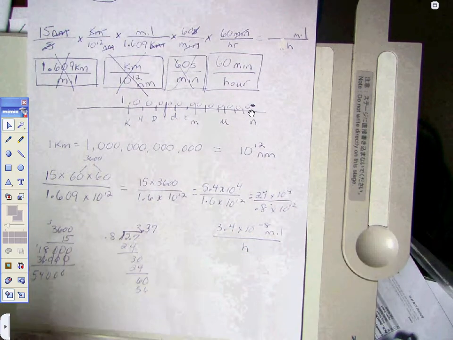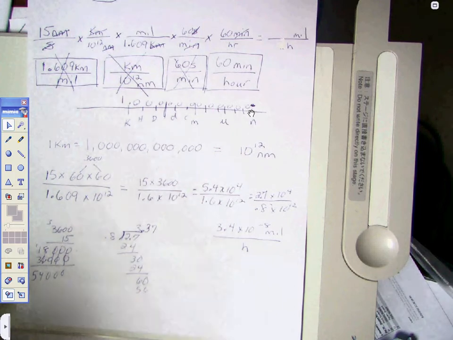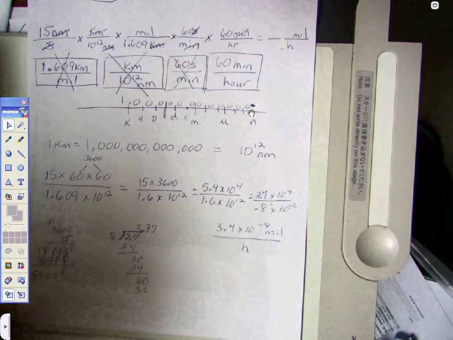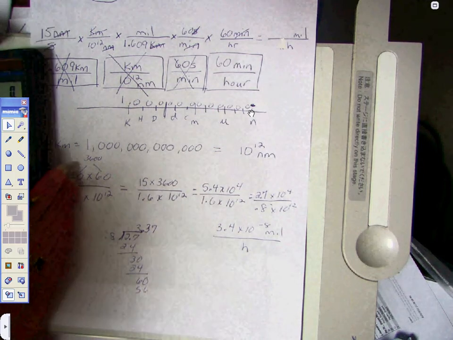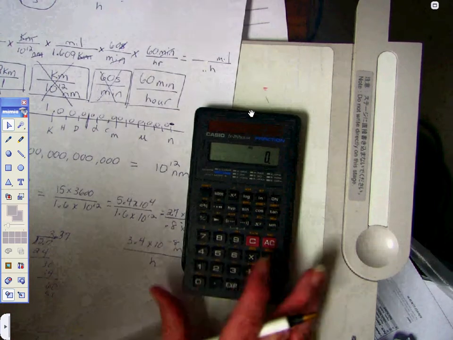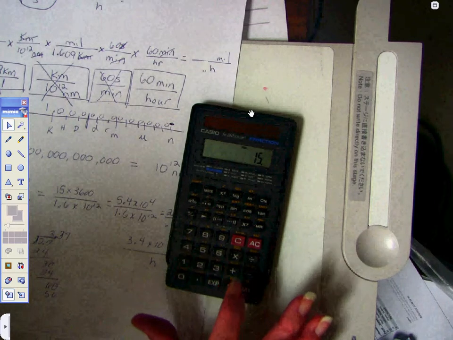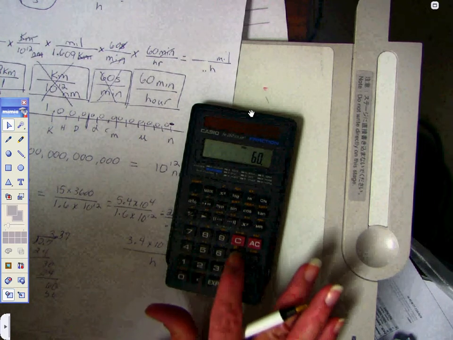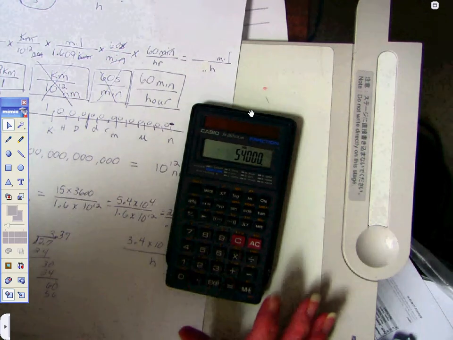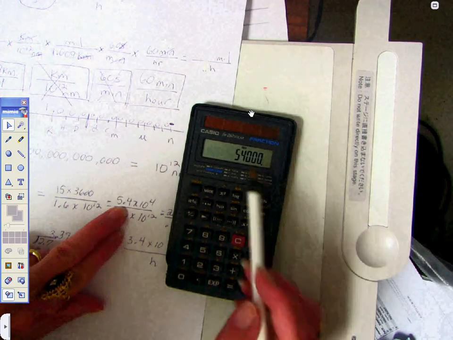Okay, just to show you the calculator way, if I can find it. And let's see how close we are with some of the math that we've done. All right. 15 times 60 times 60 gave me 5.4 times 10 to the 4th on top, or 54,000.